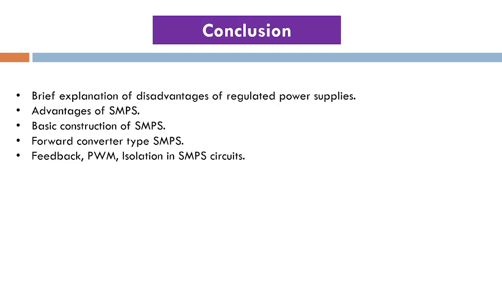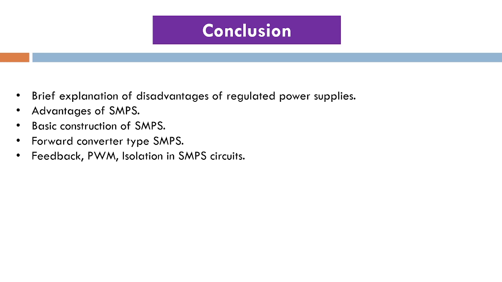Now, to conclude, we had a very brief explanation regarding the disadvantages of the traditional regulated power supplies. Then we have seen certain advantages of SMPS. Then we went on to see the basic construction of SMPS. We had restricted our discussion to forward converter type SMPS, and we also had a very limited discussion on feedback using optical couplers or optical isolators.